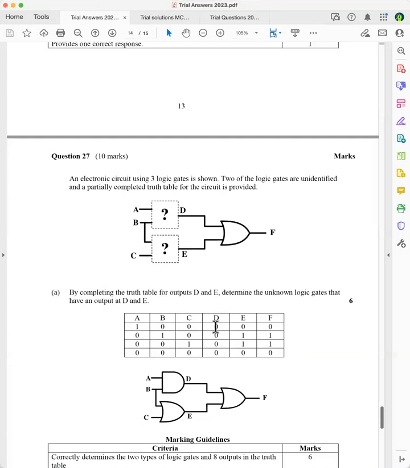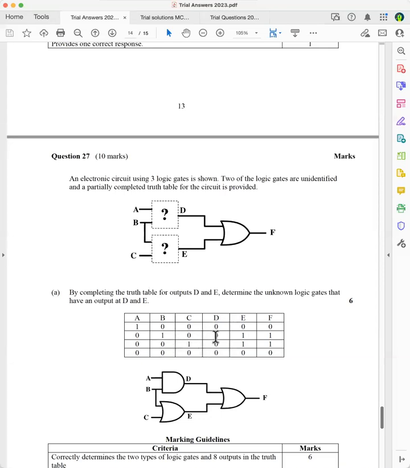And so if you've got an input at A, but no input at B, and you get no input out there, this could be an AND, but it's definitely not an OR. But if you have no input at B, no input at C here, like this, this could be an AND with a 0 output at E. This could be an AND or an OR. So you come down to the next one, and this seals it so that you've got the 0 input at A, 1 input at B, and so this coordinates with that.